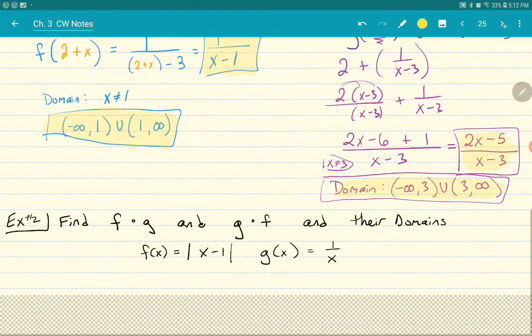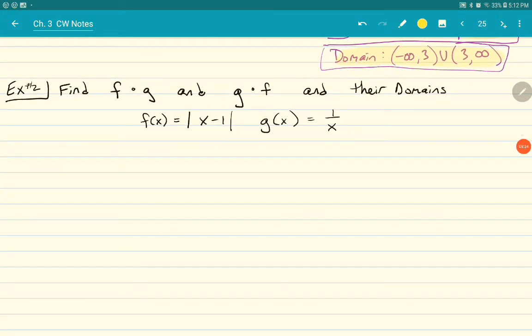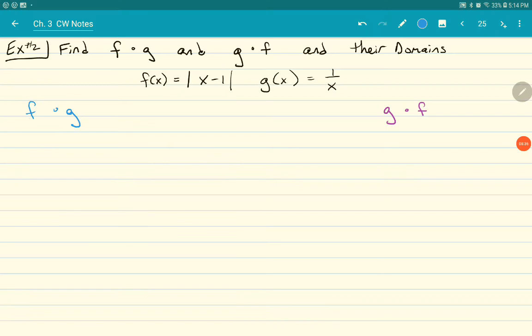All right, moving on to example 2. So starting with f of g, remember this notation is shorthand for f of g of x, where g of x is the input into f.